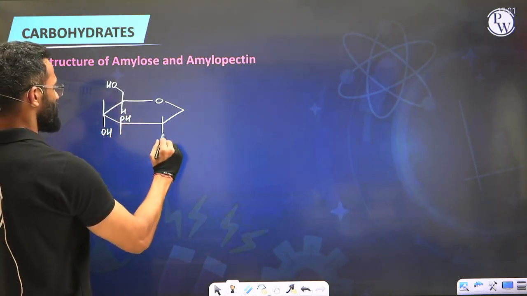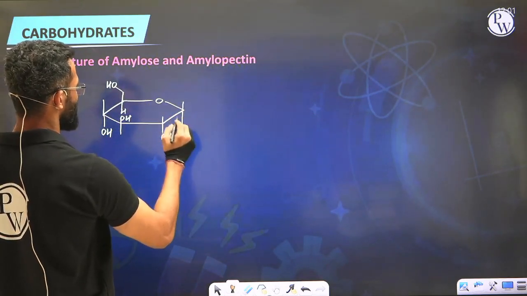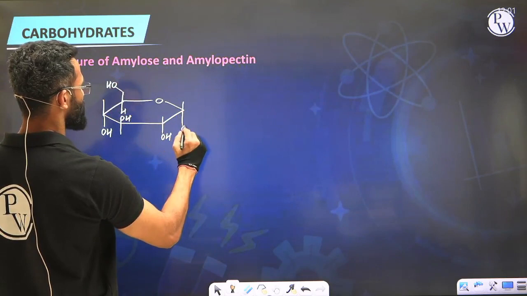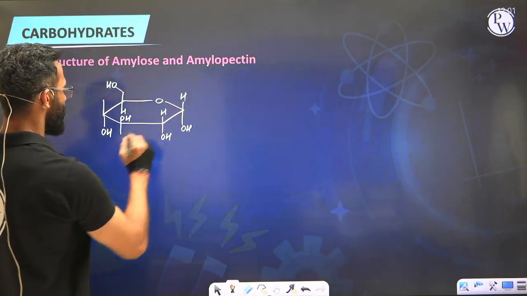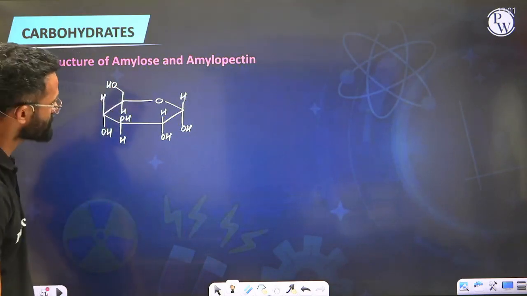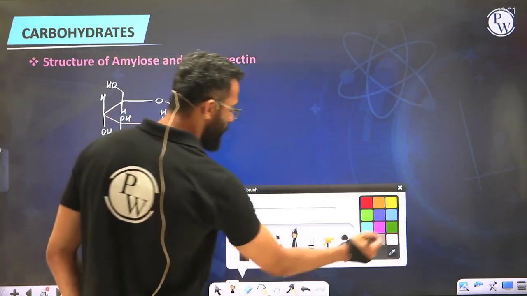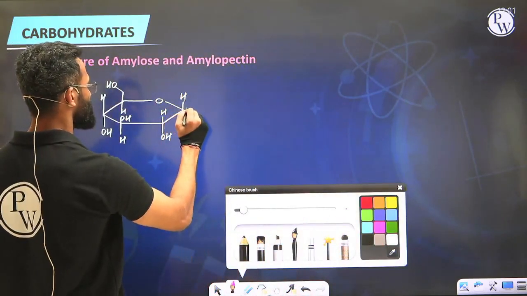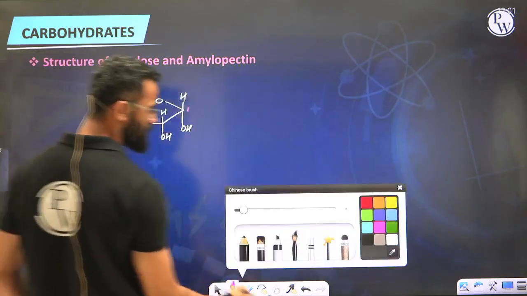Left and right. Since it is alpha, CH2OH and OH should be pointing downward. Right? This is one of the glucopyranose. Highlight C1 and C4. C1, C4. This is 1 unit.